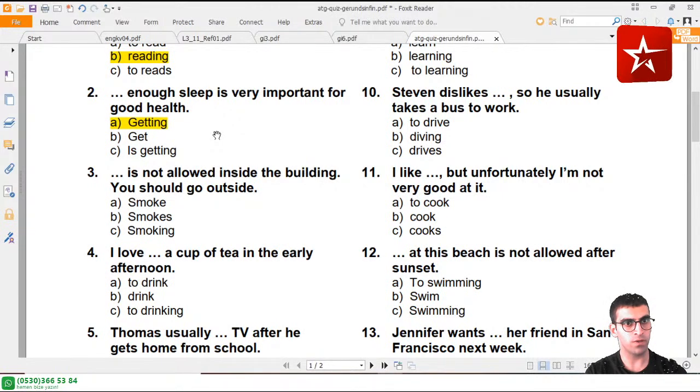Number 3: blah blah blah is not allowed inside the building, you should go outside. Smoke, smokes, or smoking. Which one is correct for number 3, guys? Smoke, smokes, or smoking.